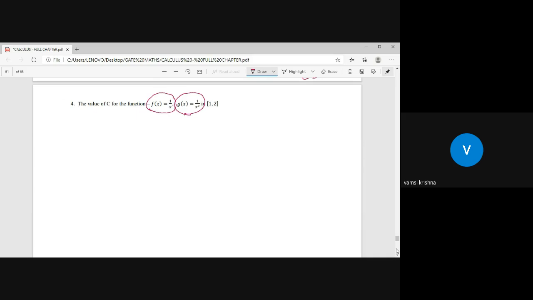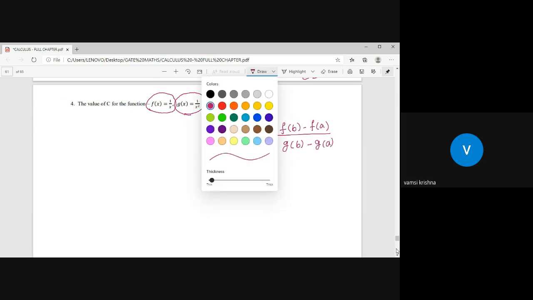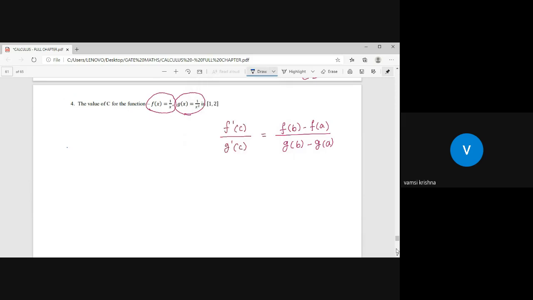And I hope you remember the Cauchy's statement also. f dash of c divided by g dash of c is equal to f of b minus f of a by g of b minus g of a. This is Cauchy's statement.